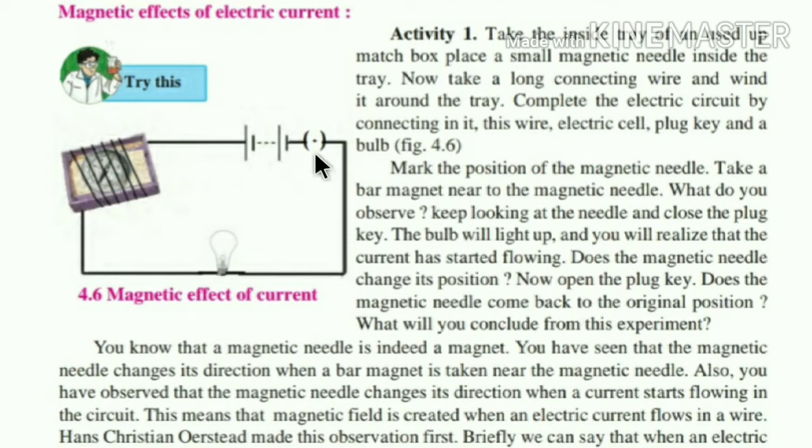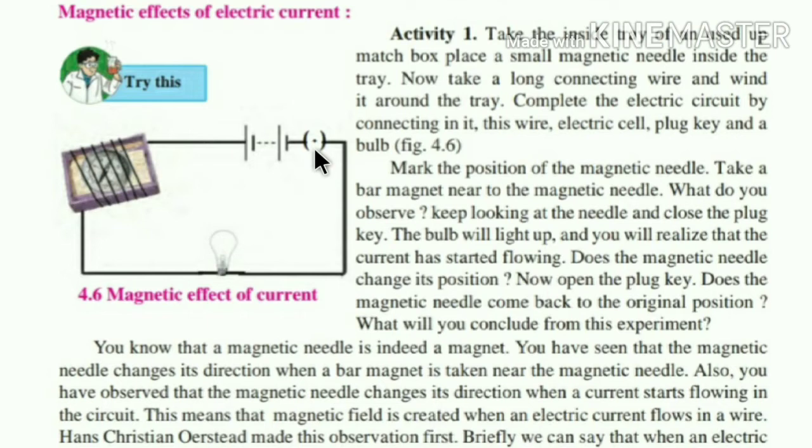This dot shows the key is closed. When this dot is not here, the contact between these two ends is broken. Hence that position is called the open plug key.